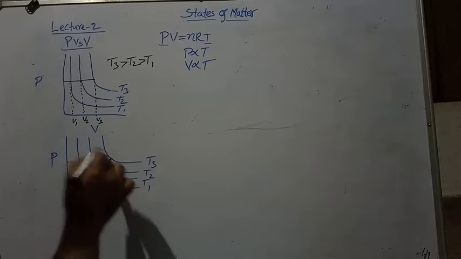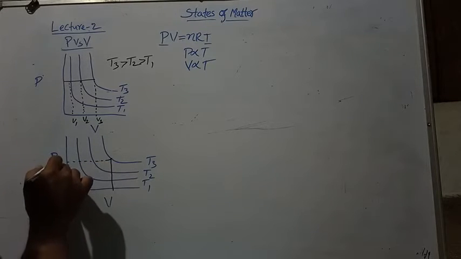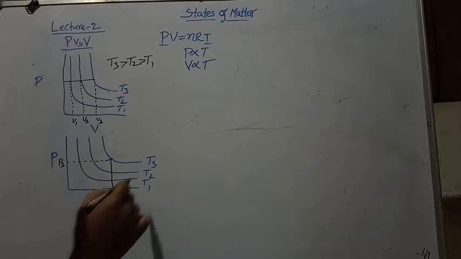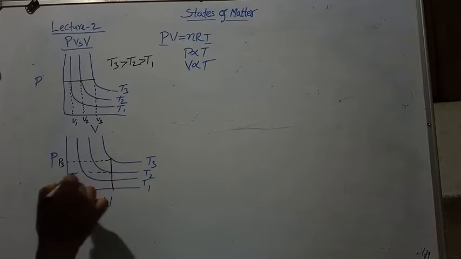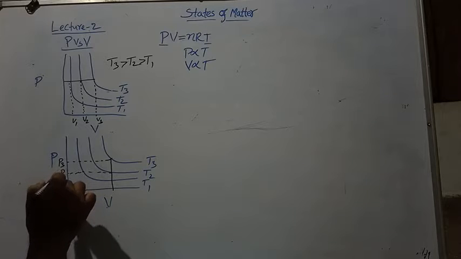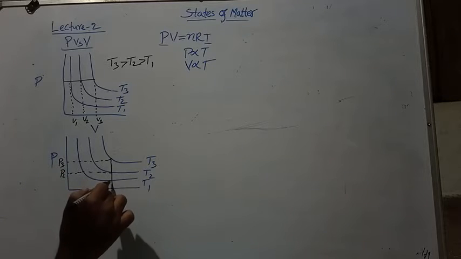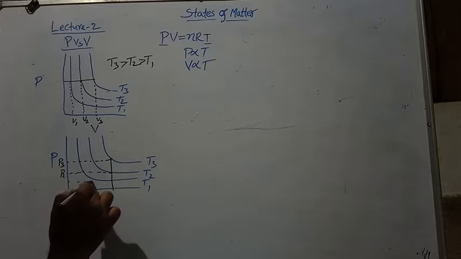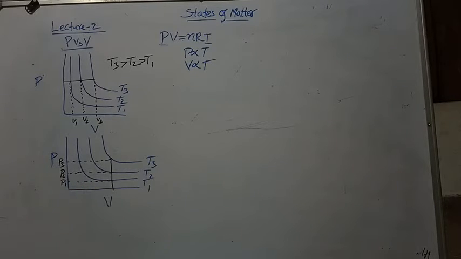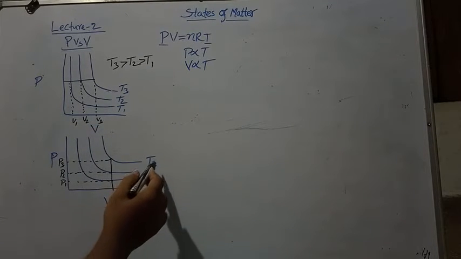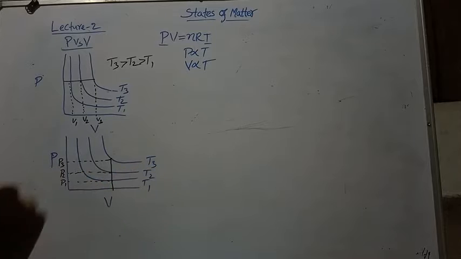This corresponds to temperature T3, so its pressure will be P3. It corresponds to temperature T2, its pressure will be P2. It corresponds to temperature T1, its pressure will be P1. What is the relation? As temperature increases, pressure automatically increases. For T3, high temperature, pressure will be P3; for T2 pressure P2; for T1 pressure P1.